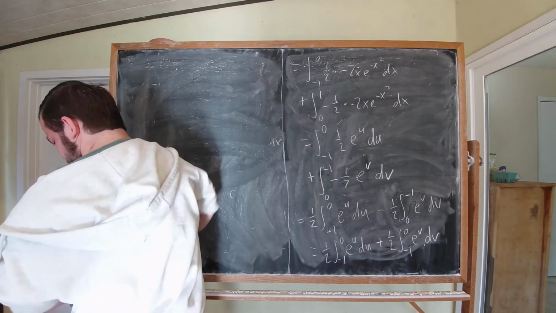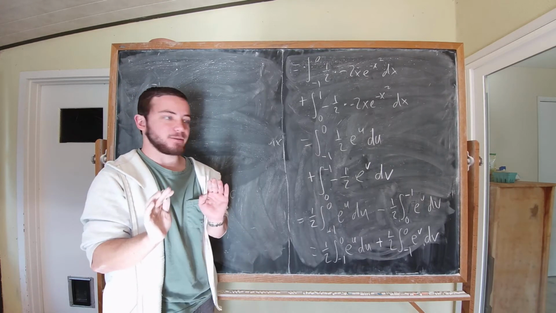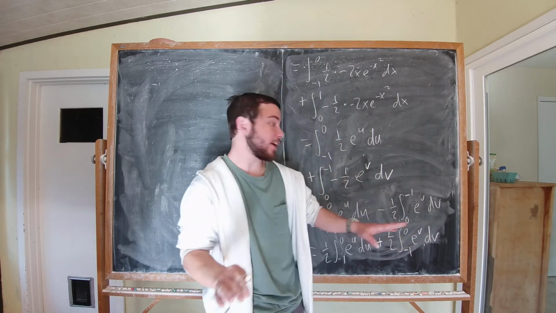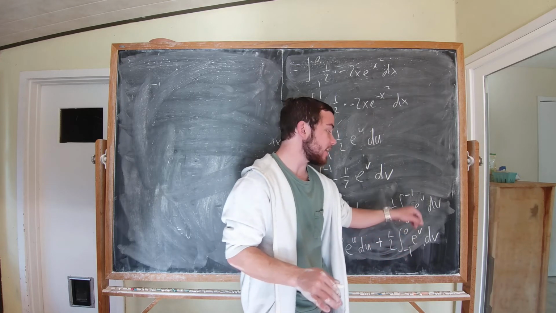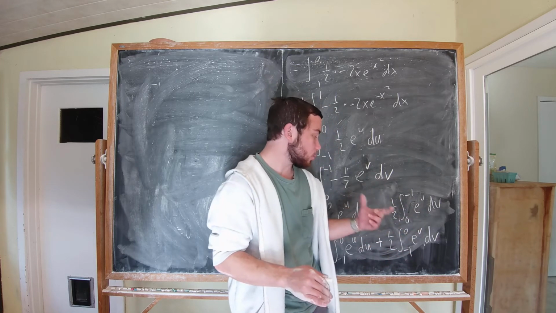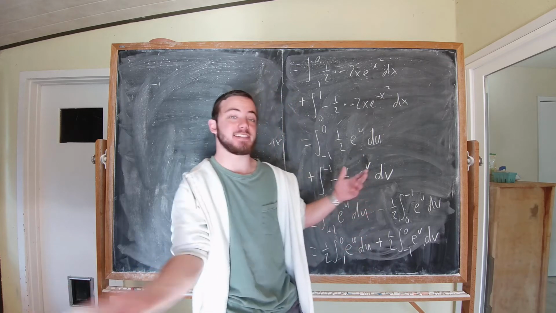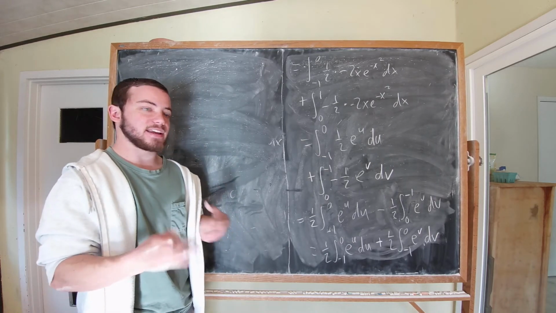Well, hopefully we've learned at this point our name of variable doesn't matter. v could be smiley face or squiggle. The integral 1/2 times the integral from -1 to 0 of e to the v dv is the same as 1/2 times the integral from -1 to 0 of e to the smiley face d smiley face. As long as you're consistent with your variable choices, it doesn't matter.